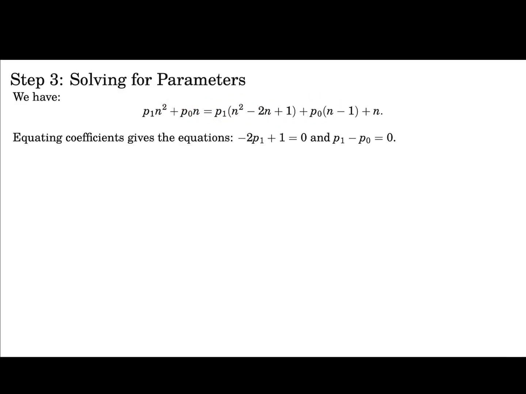The way that we do this is we essentially equate the coefficients. What we get is that we need to solve minus 2 p1 plus 1 equal to 0, and p1 minus p0 equal to 0.